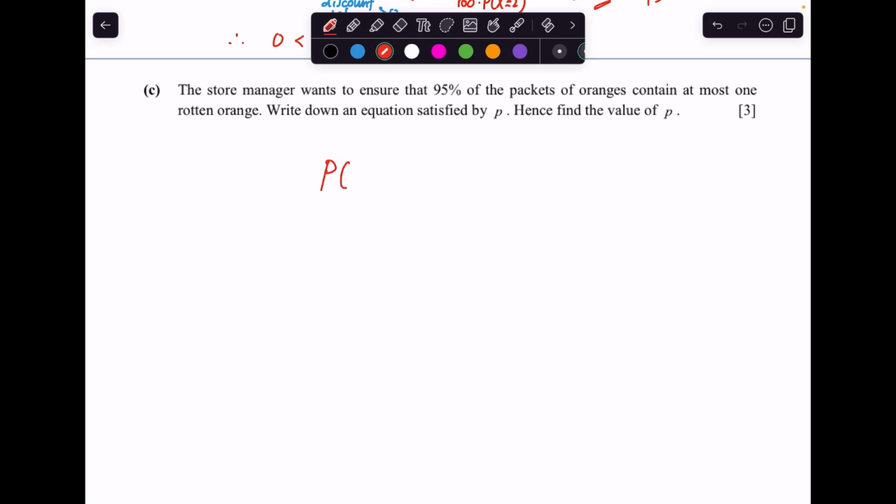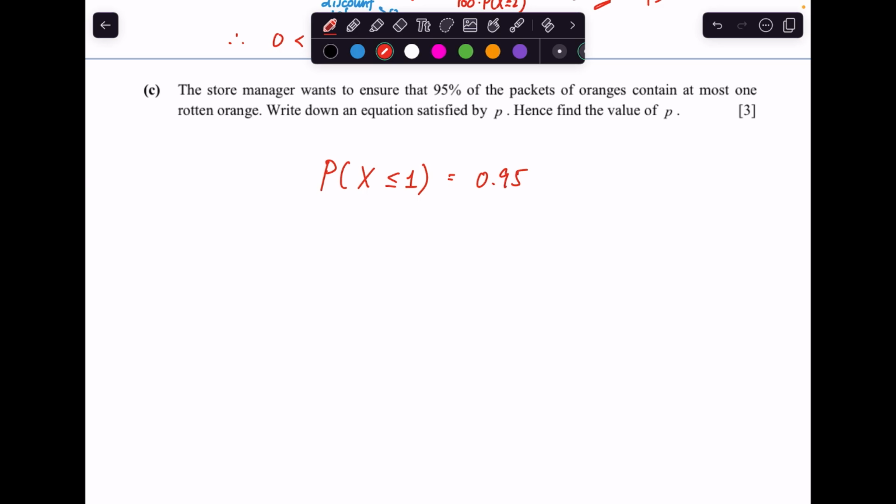I want the probability that the packet has at most one. At most one just means one or smaller. Probability of up to 1. I want this to be 95%, because I want to ensure that if I have many packets, 95% of them contain at most one rotten orange.